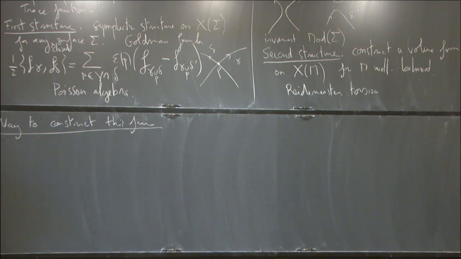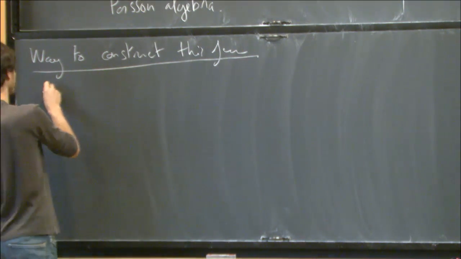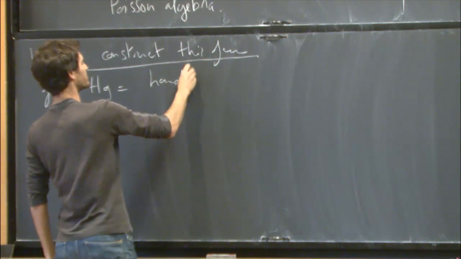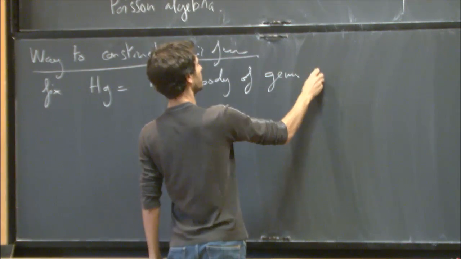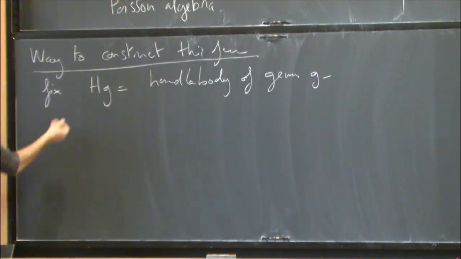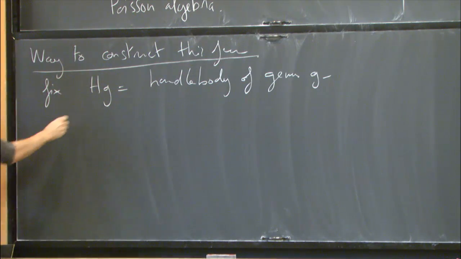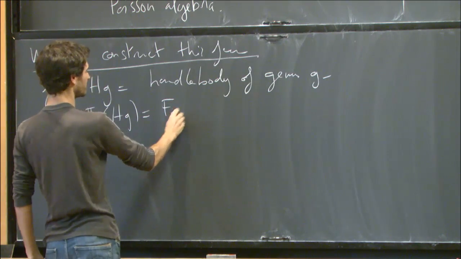So there is one simple case, one simple three manifold, where I can write down everything. It's the case of a handlebody. So fix H_g, a handlebody of genus g. Then what is the character variety of H_g? So what is the pi_1 of H_g? Pi_1 of H_g is just a free group with g generators.